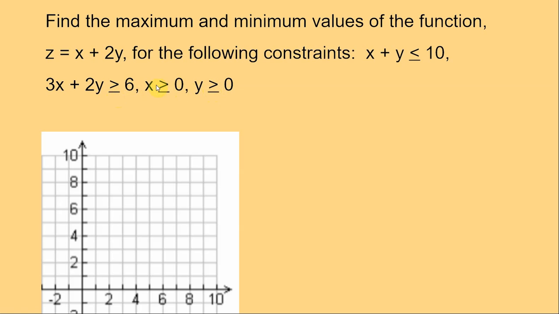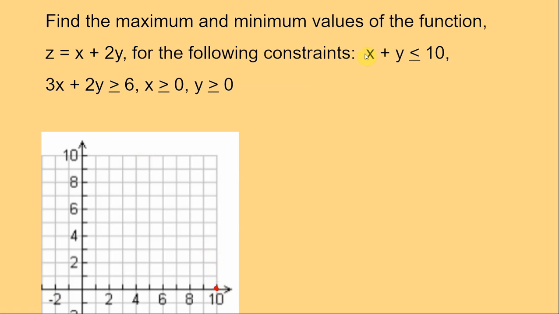So I'm going to graph all of these in the same plane. This first one, I have x plus y is less than or equal to 10. If I were to think of this as an equation, x plus y is equal to 10, I could graph this by using the intercepts. If I were to plug in 0 for y, that tells me that x is 10. So on my x-axis, I would put a point on 10.